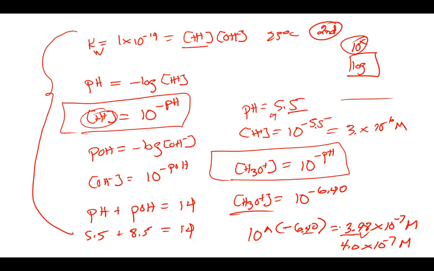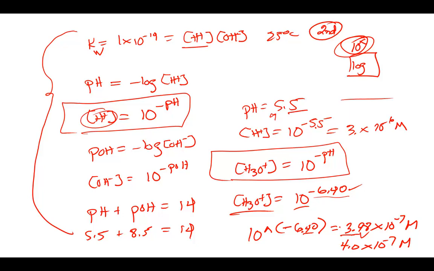On a TI-30, I would have put this number in first, negative 6.40, and then hit the 10 to the x key, and it would have put out the same number. So it depends on your calculator: do you put it in just like you see it, or do you put in the number first and then the function?